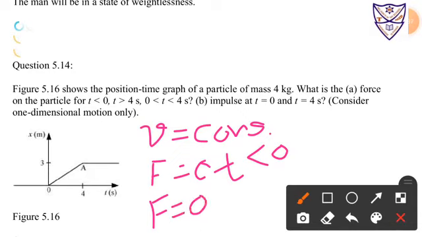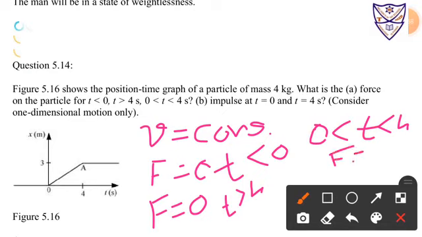Then for 0 less than t less than 4, velocity is constant, and whenever velocity is constant, force will be 0. So no force from 0 to 4 and greater than 4.